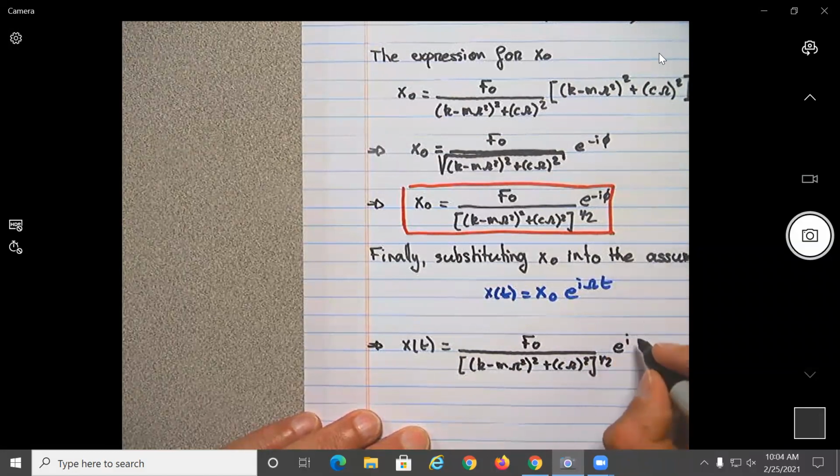So it will be i omega t minus the change of phase angle.